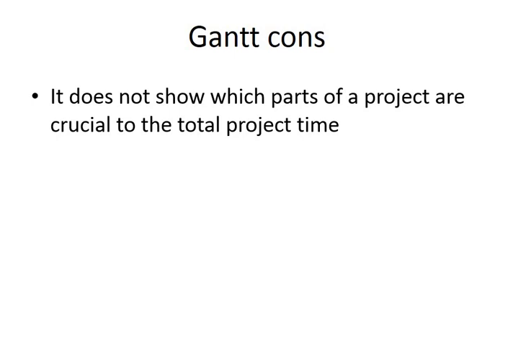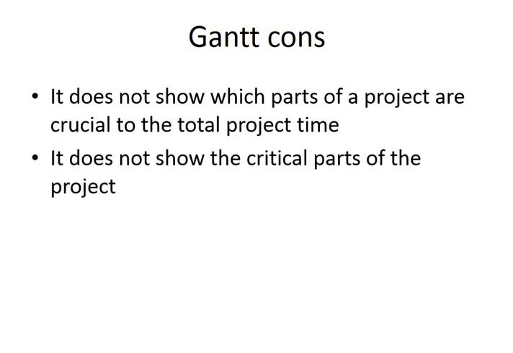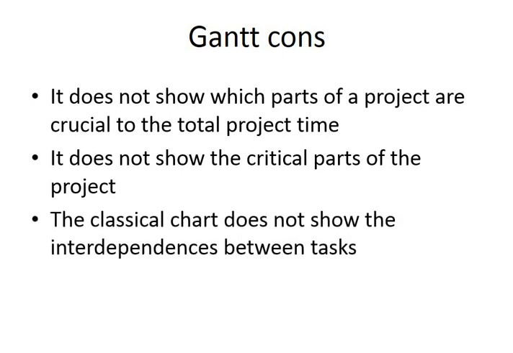It doesn't show the interconnections between the tasks, nor does it show which tasks are crucial and which are not. It doesn't tell us if any of the tasks can make the total project last longer.